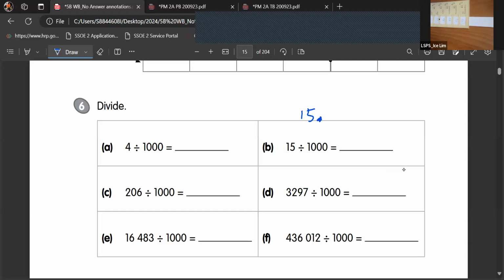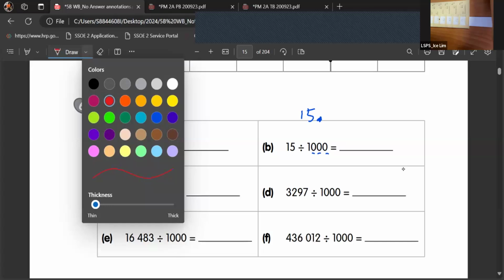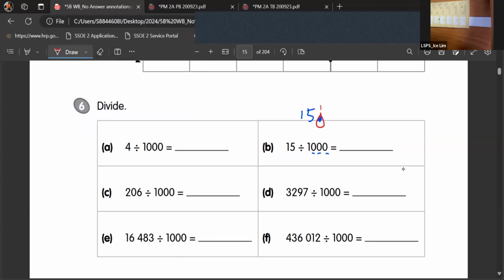So you know 15, no decimal point, is a whole number. I put in a dot like how I would write $15. Then divide by 1,000. The shortcut is getting the decimal point to go three places. Pop in a 0 if necessary, 0.015.